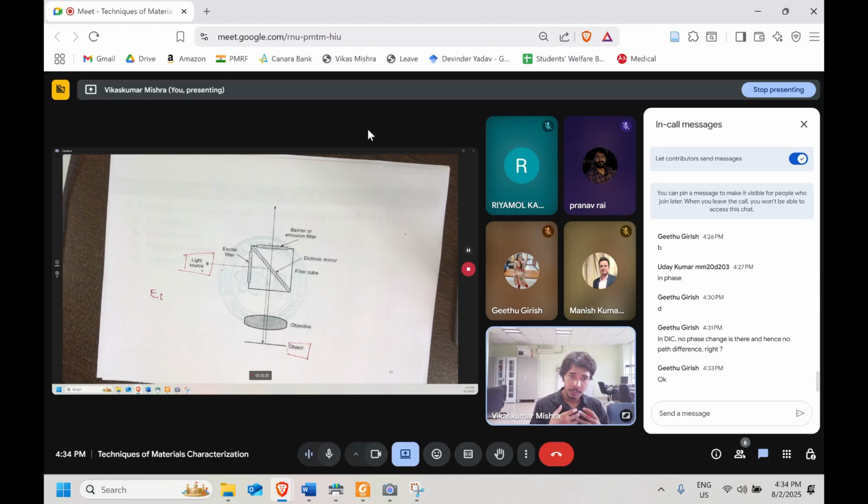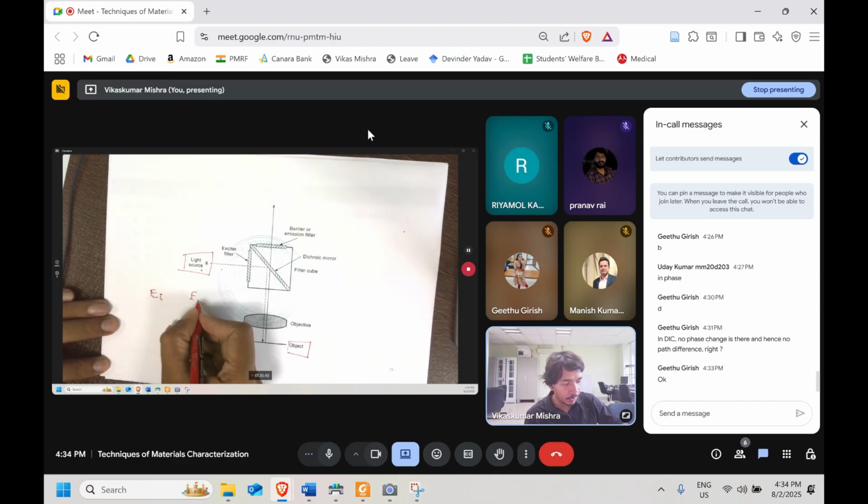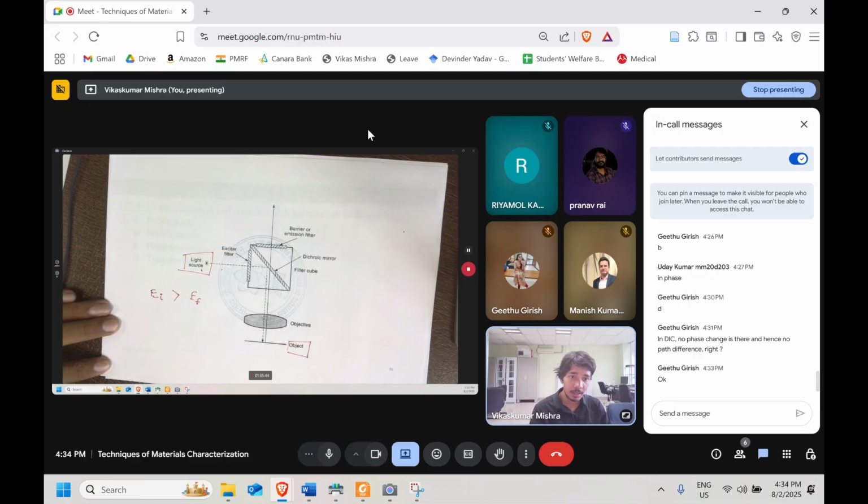More or less, in the majority of specimens, in this entire process they will lose a certain amount of energy. So the energy of the final emission which we are going to get will be less. This is the energy which is coming from the specimen now.